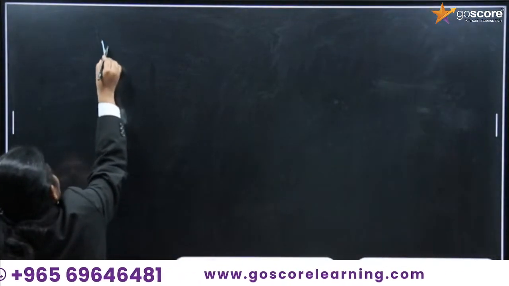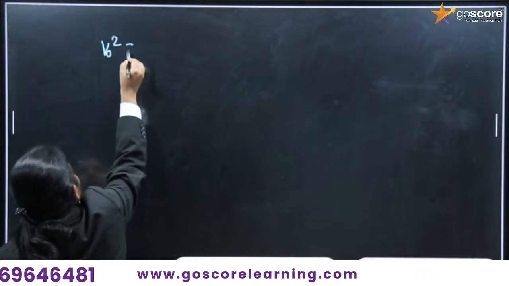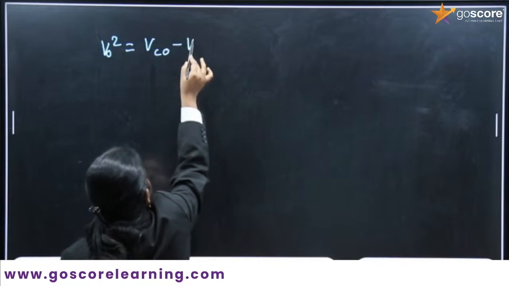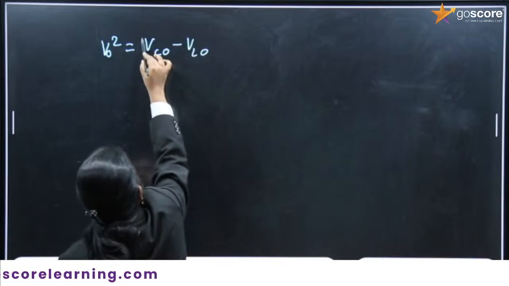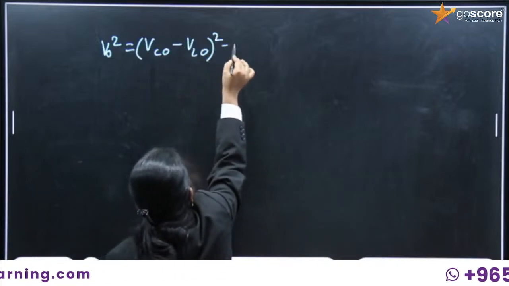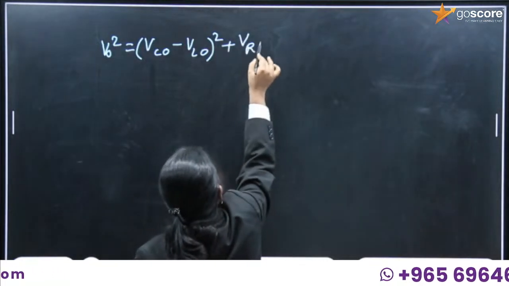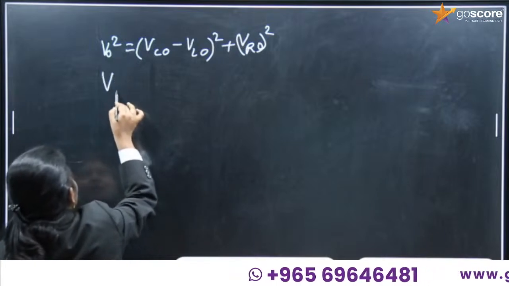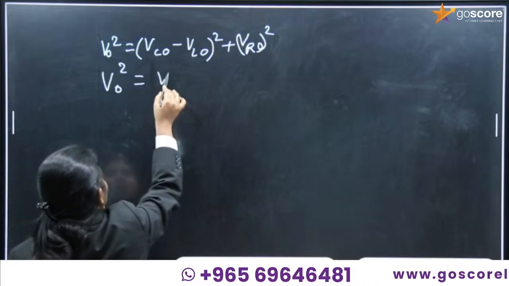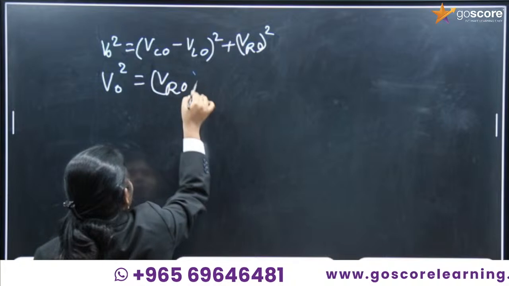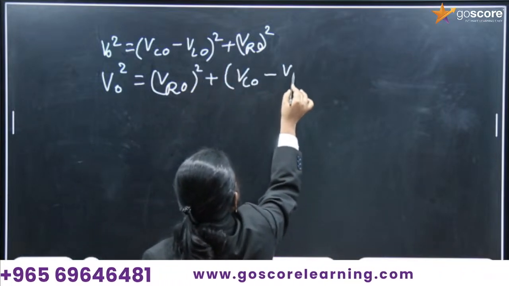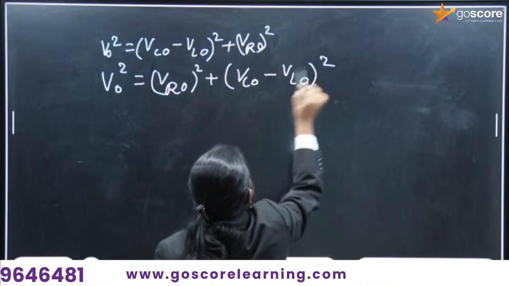V naught square is equal to VR naught square plus VC naught minus VL naught whole square.